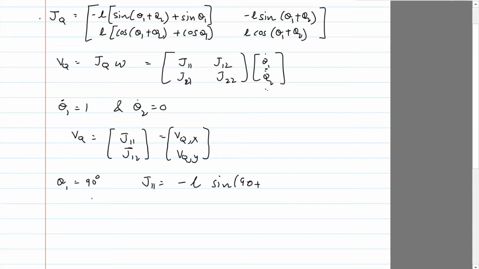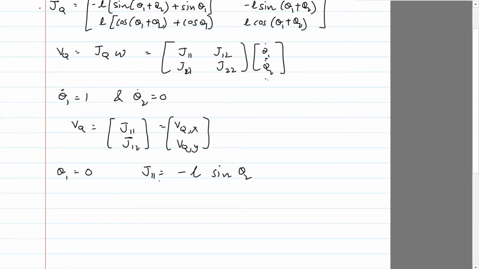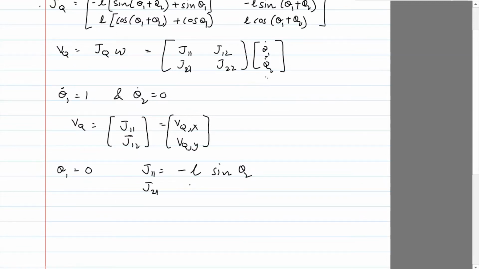Or better, let's just put 0, it's easier. So sine of theta 2, sine theta 1 is 0, and then J21 is L cosine theta 2, and cosine of theta 1 is, cosine of 0 is 1.